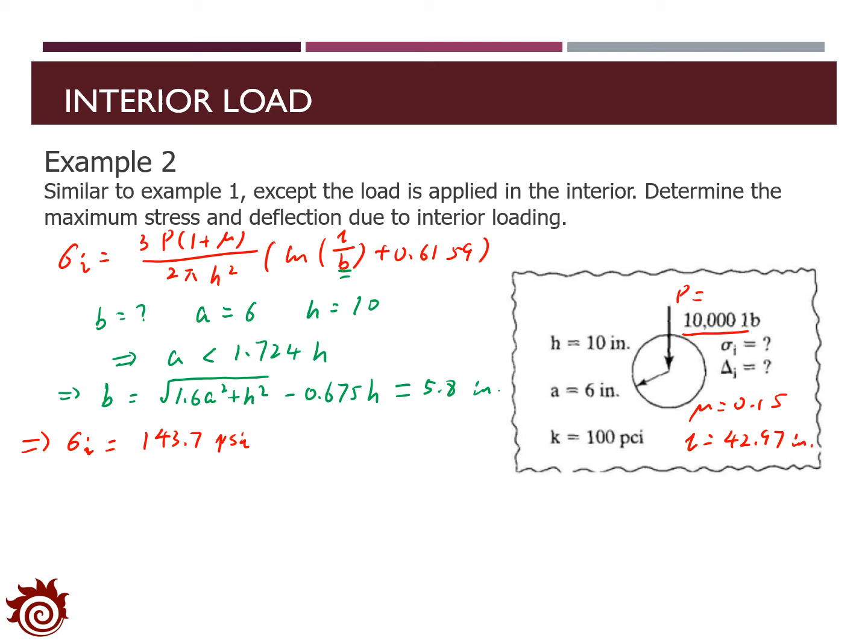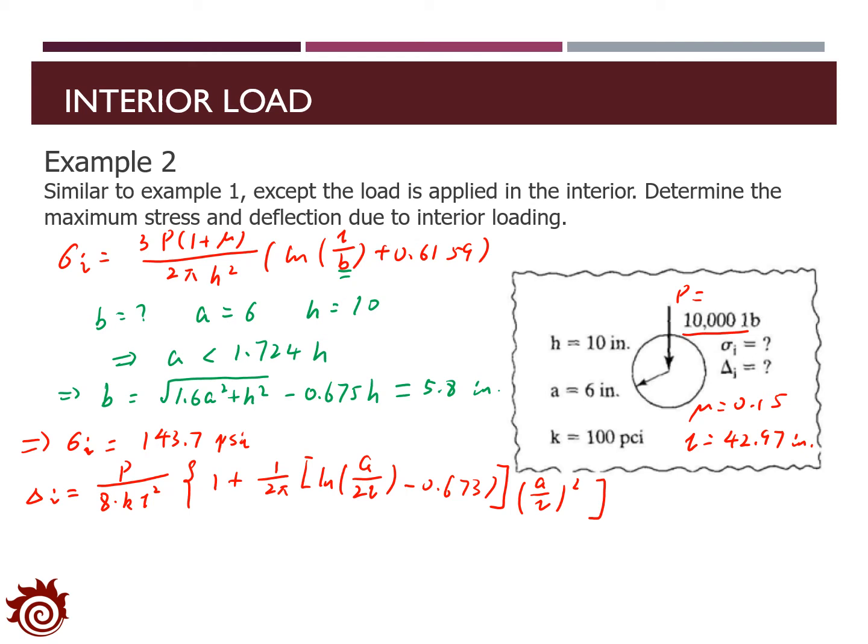Next, we can calculate the maximum deflection, delta I, equal to P divided by 8 times K L squared, times 1 plus 1 over pi times ln of A over 2L minus 0.673 times A over L squared.